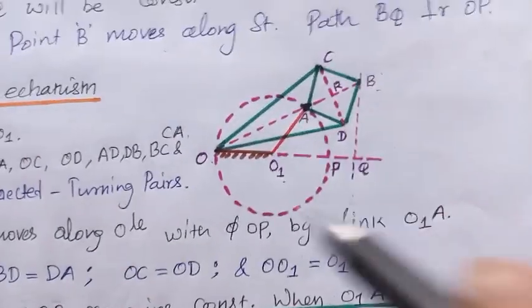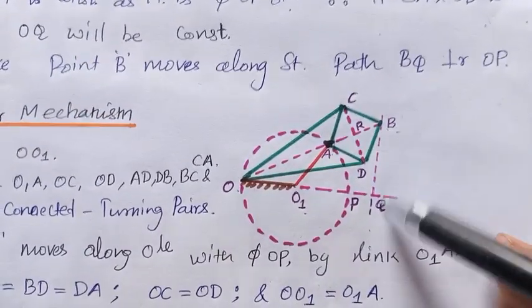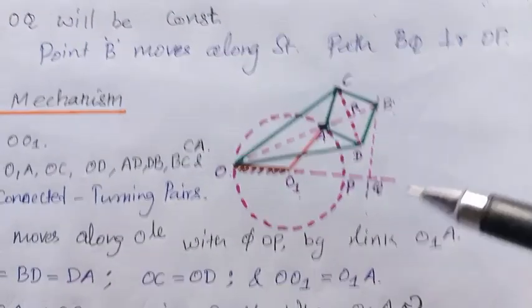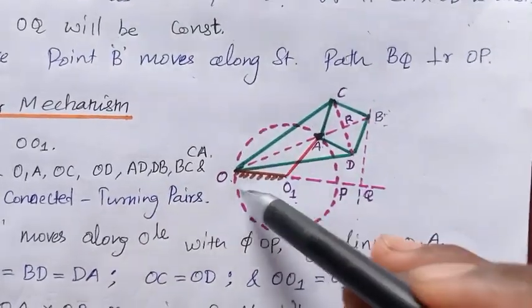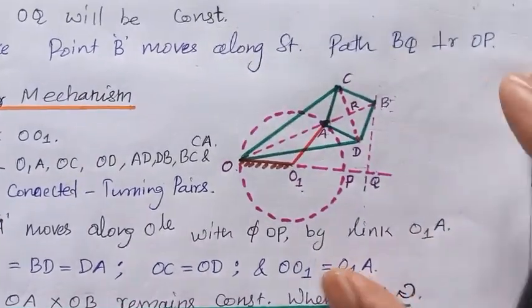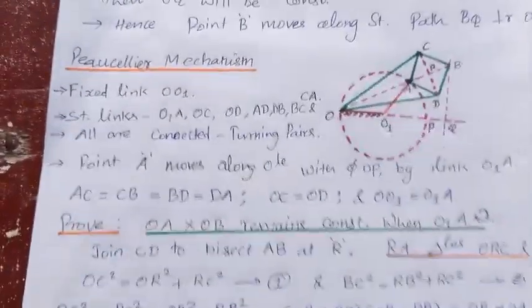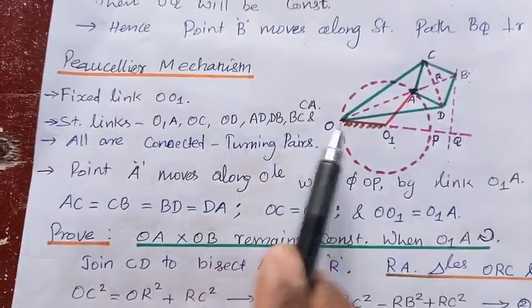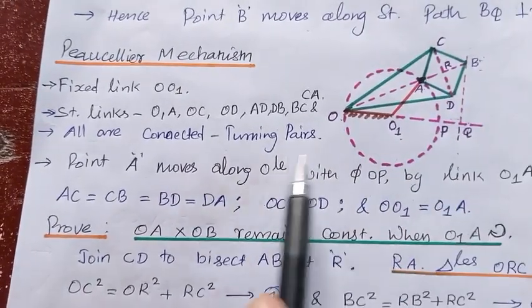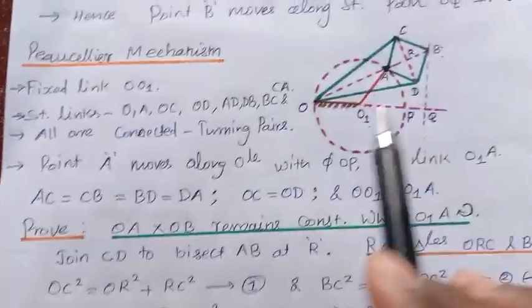These are all the other links. Here, as in the previous case, BQ is perpendicular to OP produced. This is what we want to prove. First of all, understand the fixed link O1 and the straight links O1A, OC, OD, AD, DB and BC, and finally CA, a straight link.